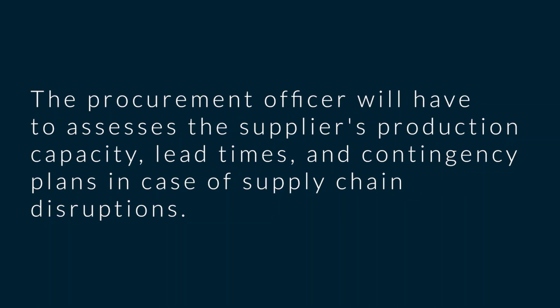And then we have assurance of supply. Now, they are making microphones, the smart microphones. And let's say the company wants to make 1 million of these things within that business year. So they don't want to start doing these and then suddenly the supply chain is disrupted because these people have some issues. So in this case, what does the business need? The procurement officer will have to assess the supplier's production capacity, lead times, and contingency plans in case of supply chain disruptions.